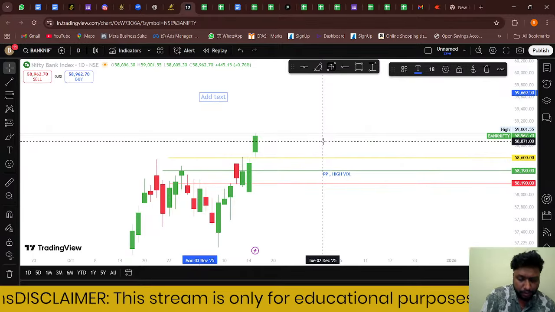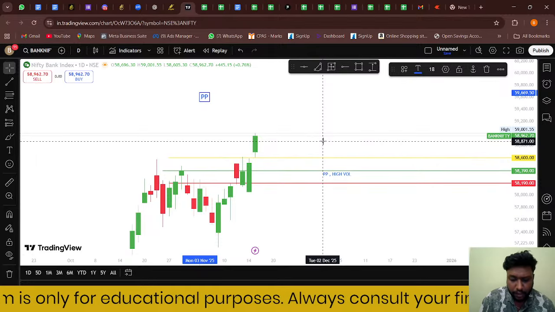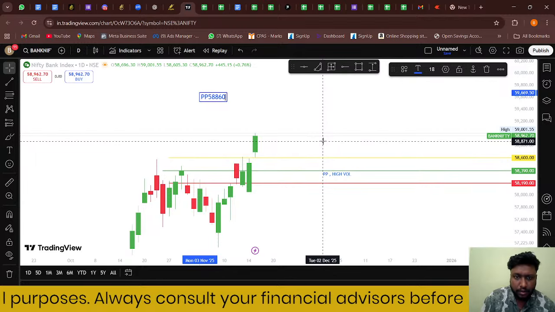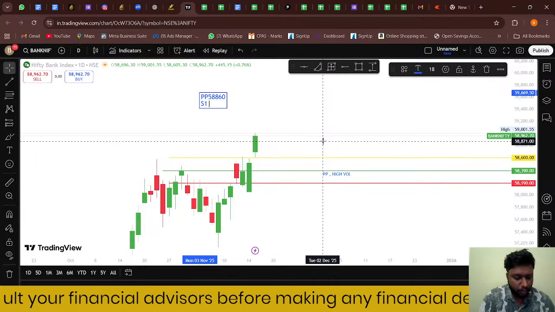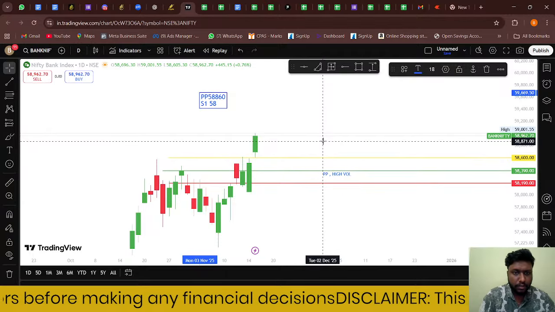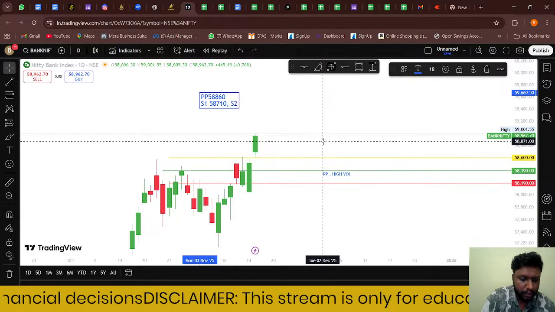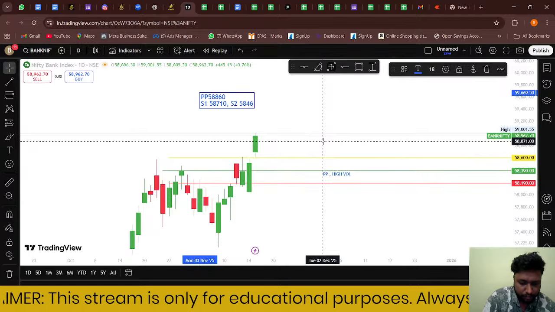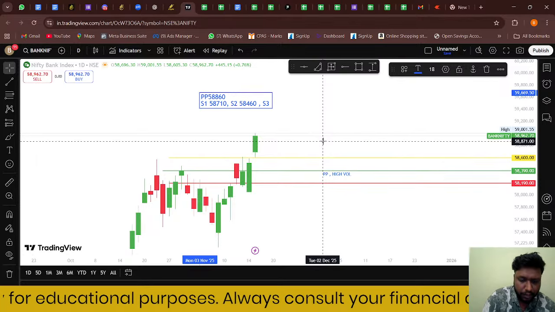For Bank Nifty, the pivot point lies at 58,856. We'll mark 58,860. With respect to that, support one is at 58,710, support 2 will be at 58,460, and support 3 will be at 58,300.